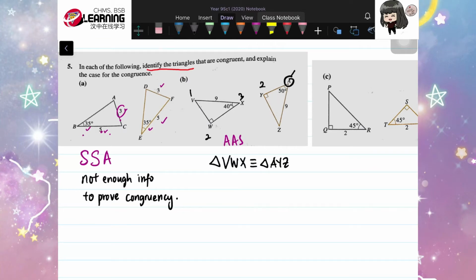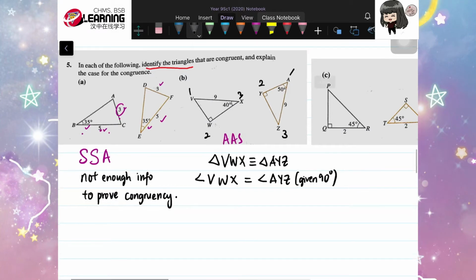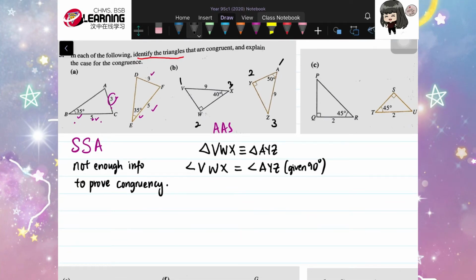Okay, so first one, second, and third. So first is angle. I can write angle of VWX is equal to angle of AYZ, because it's a given 90 degrees. That is the reason here.